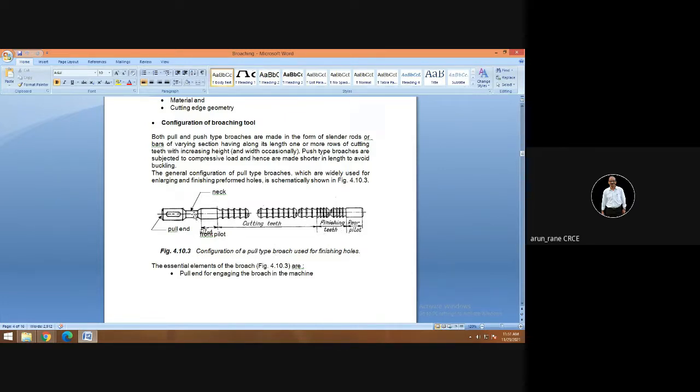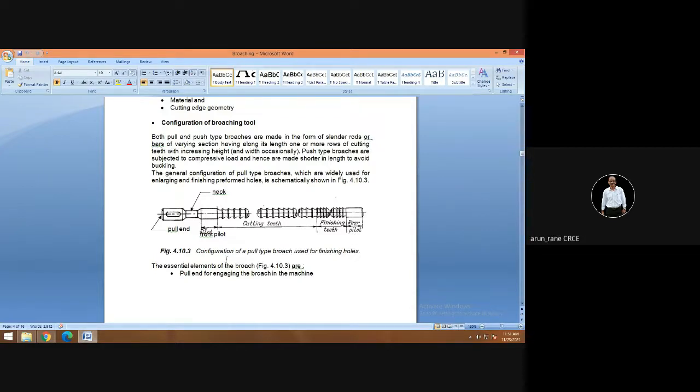Like this pull end is generally 50 mm, this is again 50 mm, and this is 50 mm. Then this pitch, there are formulas for calculating the pitch, and formulas for calculating the number of teeth, which you will learn in machining science and technology. But on an average, you can assume the total broach length as 500 mm to be on the safer side.